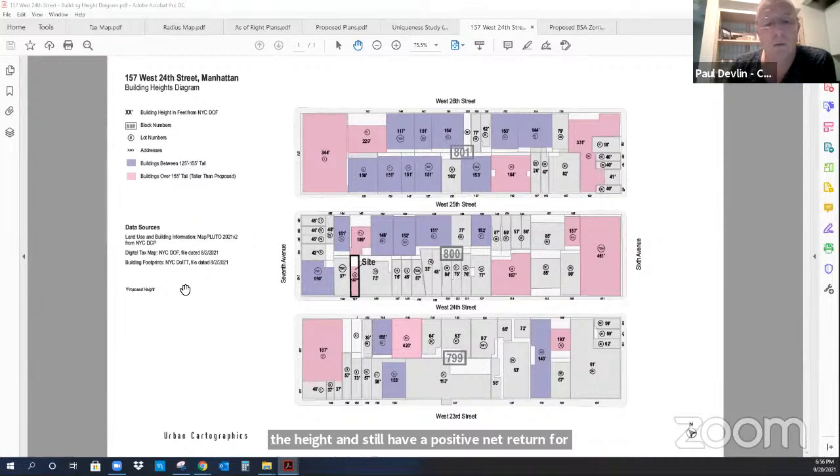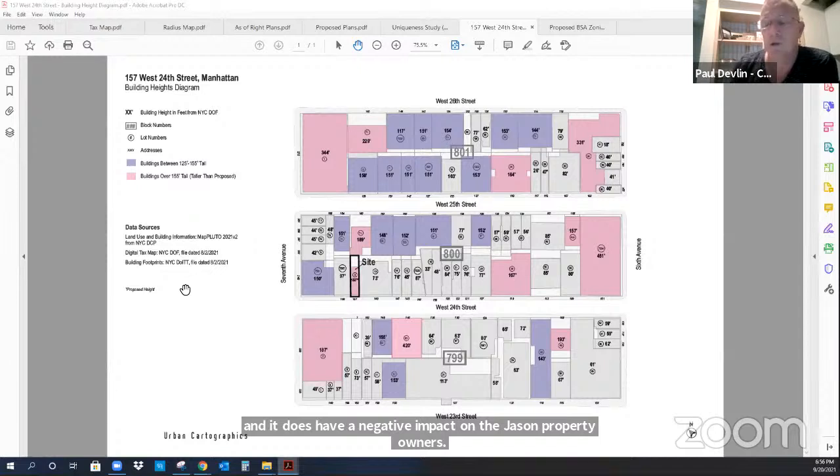Looking at the rest of the block, I feel like a space this width, 15 stories tall, is certainly not in character with the rest of the neighborhood. So under criteria 3 of the variance that Betty just described, this does alter the character of the neighborhood, and it does have a negative impact on the adjacent property owners. So my concern is the height of the building.